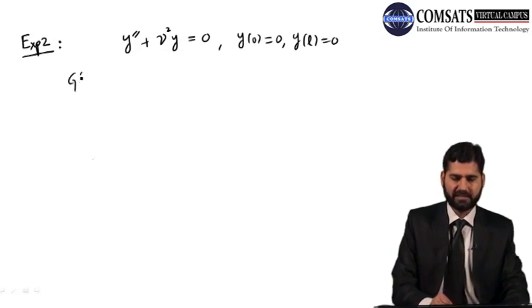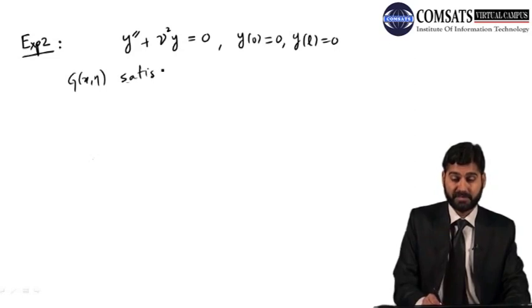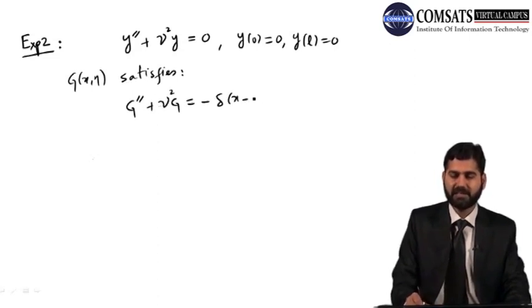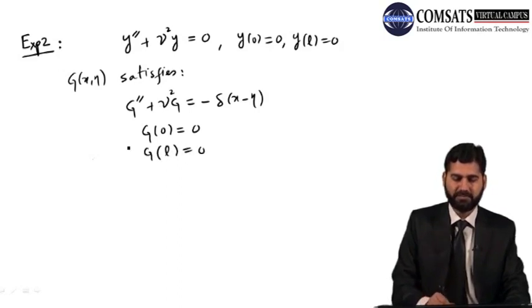g(x, eta) satisfies g double prime plus nu square g is equal to minus delta of x minus eta. This is the equation it will satisfy. Boundary conditions: g(0) equal to 0, g(L) equal to 0.